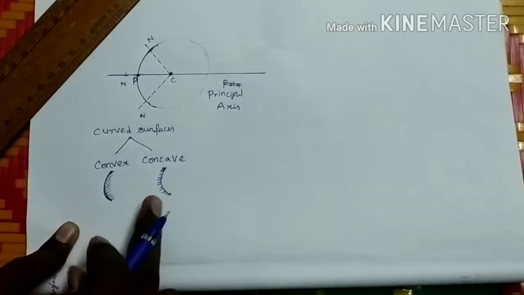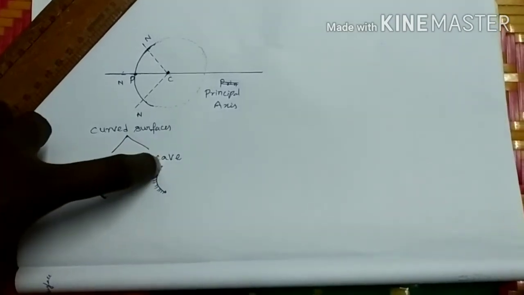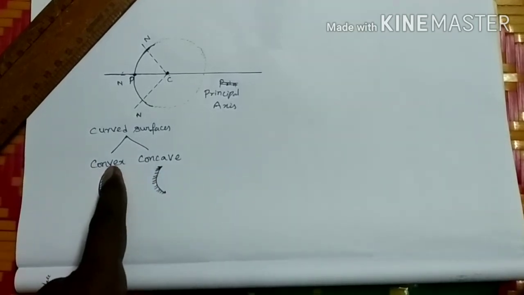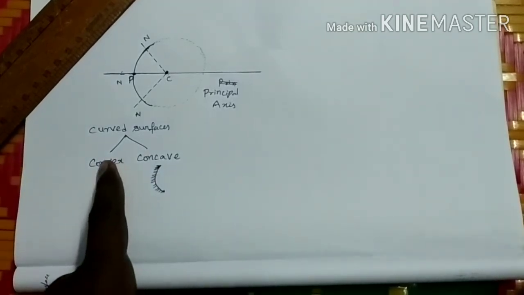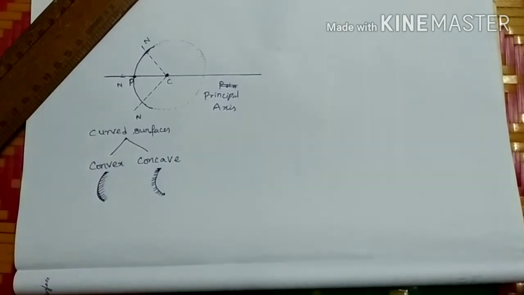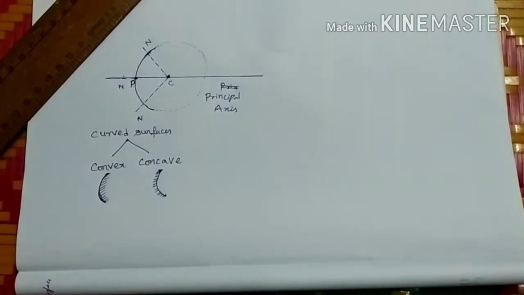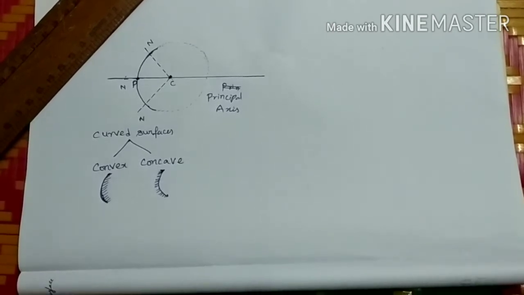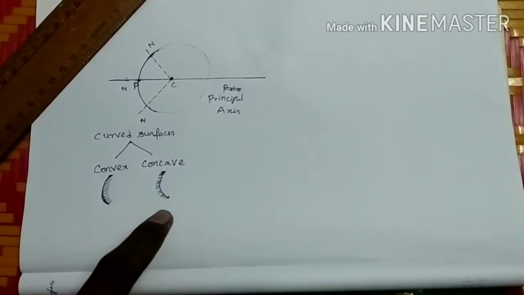This is called a concave curved surface, you have to observe the inside part. And here you have to observe the bulge part. This is called a convex curved surface. Now let us see how the refraction takes place through these 2 curved surfaces.